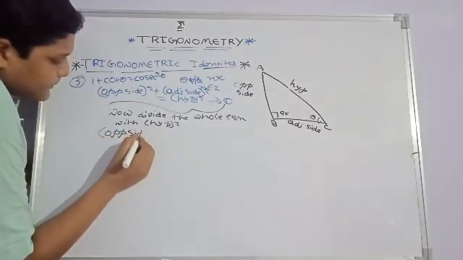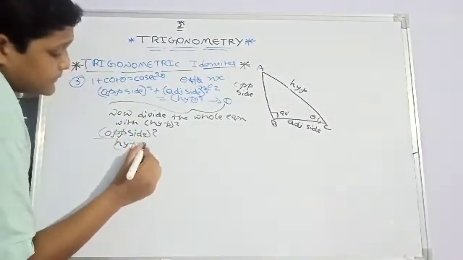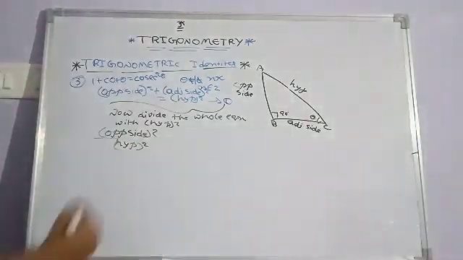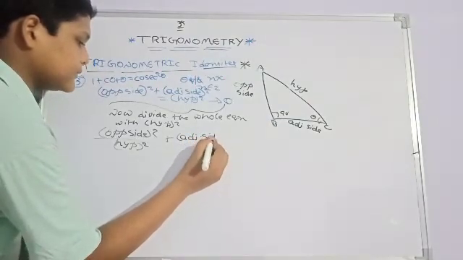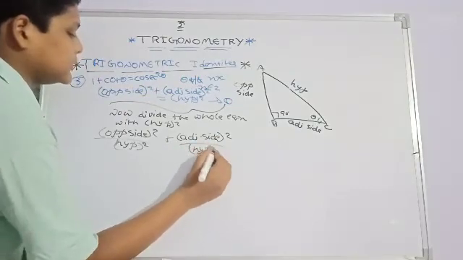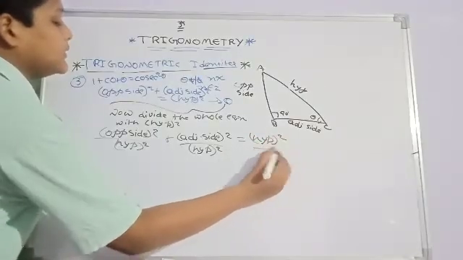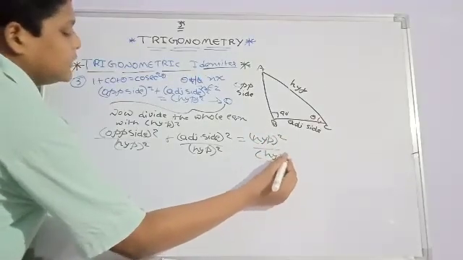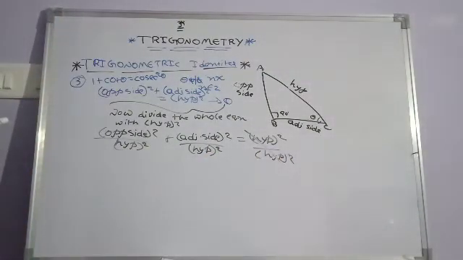Opposite side whole square by hypotenuse whole square plus adjacent side whole square by hypotenuse whole square is equals to hypotenuse whole square by hypotenuse whole square. This gets totally cancelled.